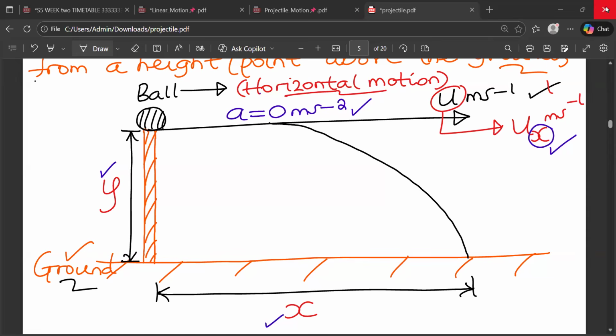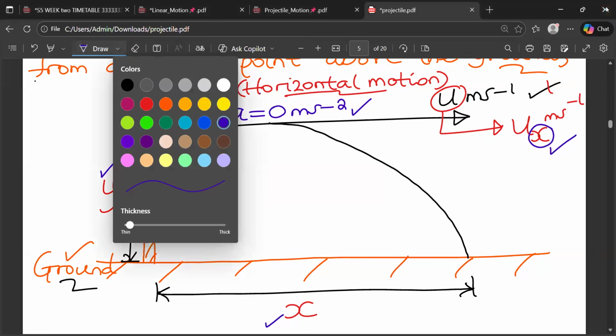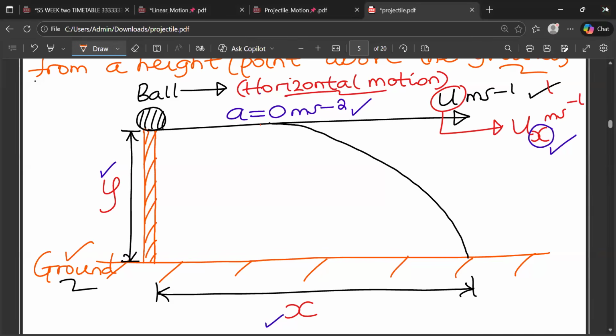People, it is clear. Initially, what we have is horizontal motion. Vertical motion comes later. Trust me. So when they talk about initial velocity that is vertical, it is not there. It is zero.